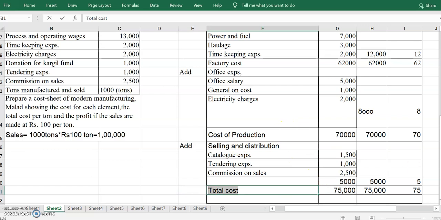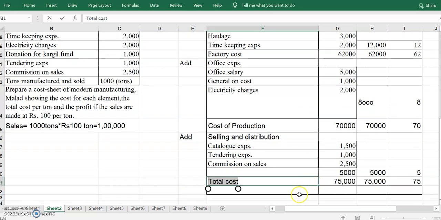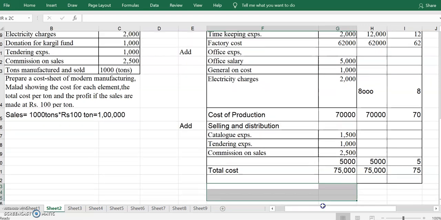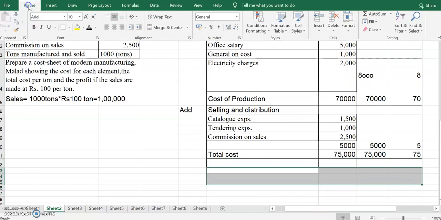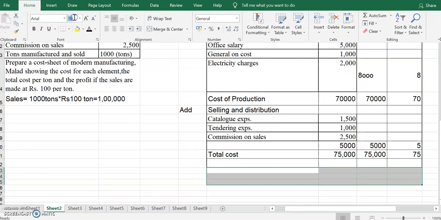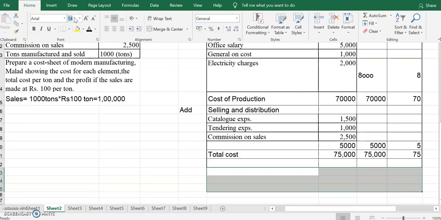Here we discuss the simple cost sheet, in which we find headings like prime cost, factory cost, cost of production, total cost, and now we calculate our profit or loss. But before that we have to record our selling price. What is the selling price? It is calculated as tons into per ton value.